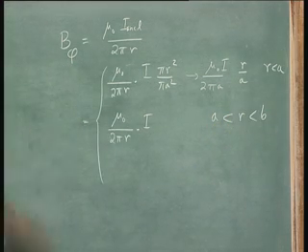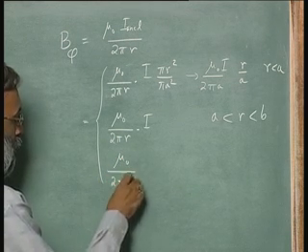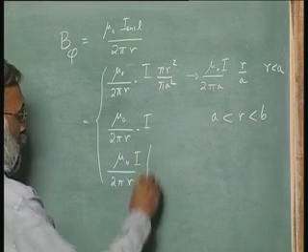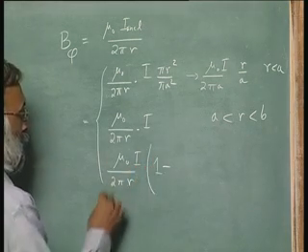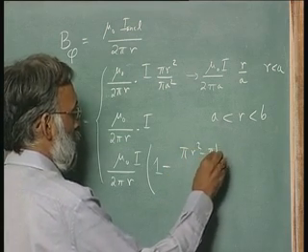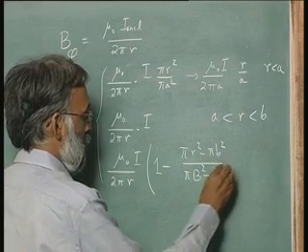And in the region beyond b, it becomes mu naught over 2 pi r times I times 1 minus pi r squared minus pi b squared divided by pi capital B squared minus pi b squared.